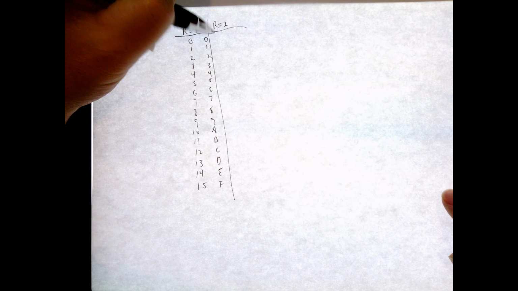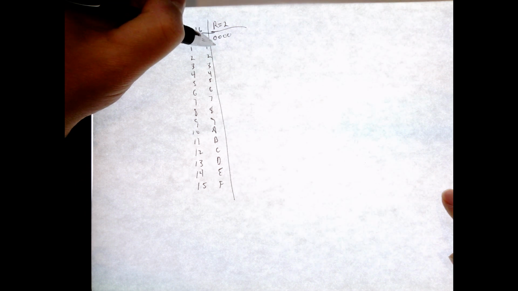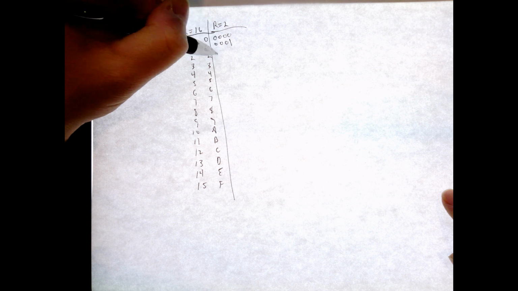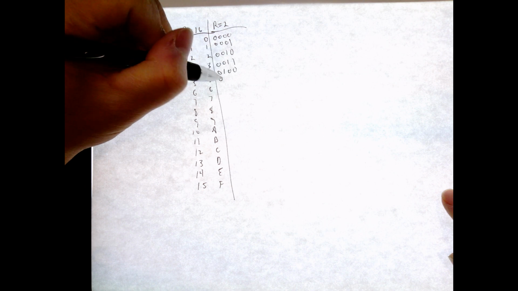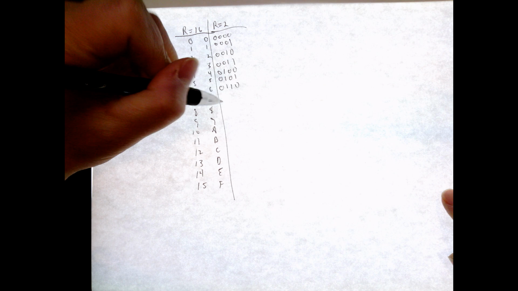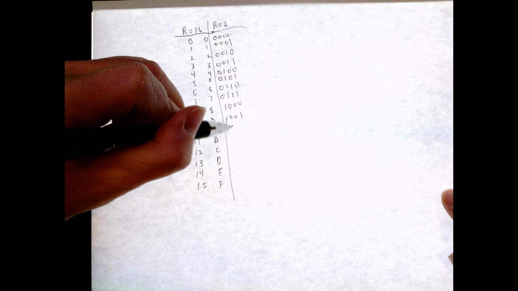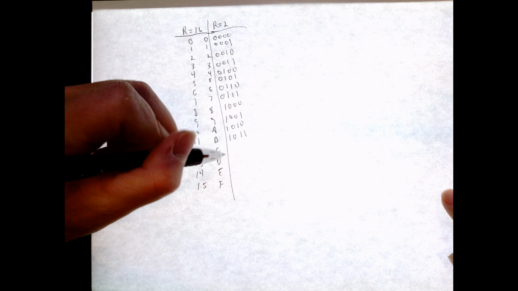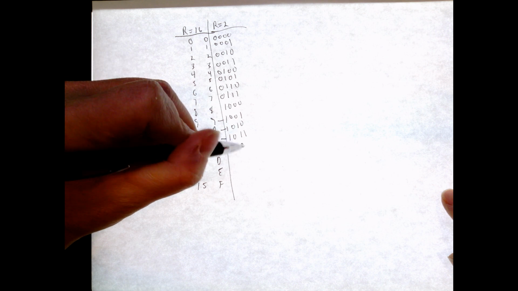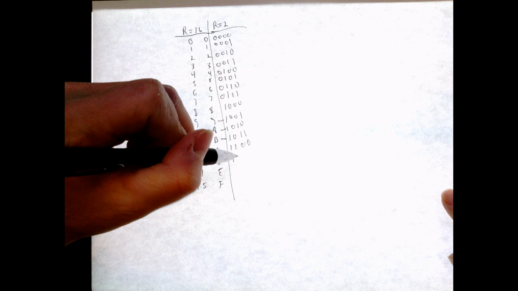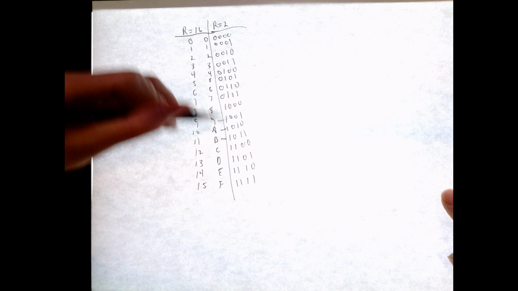And what we write here needs 4 bits, so we write 4 binary digits: 0001, 0010, 0011, 0100, 0101, 0110, 0111, 1000, 1001, 1010, 1011, and you can see the 9, the 10, the 11, 1100, 1101, 1110, and finally 1111.